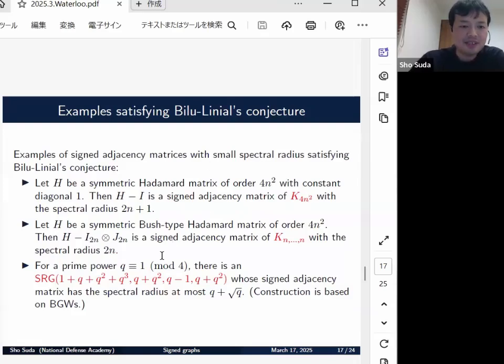We can also use some Hadamard matrices with more properties, so-called symmetric and Bush type conditions. I won't go into detail, but this is also a famous object in design theory.